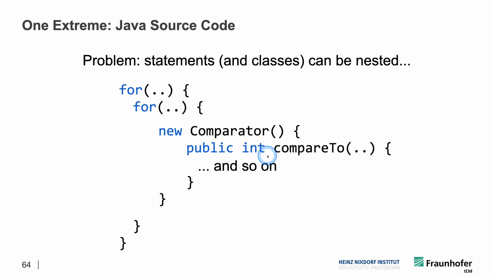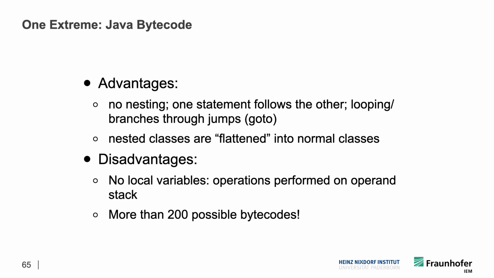And then it's not quite so apparent how control flows here, right? So is this compare to method actually called within the loop? And if so, when is it called, or is it only defined here? Even for programmers who are not Java experts, that might be hard to tell. And if you have to program the logic to create a control flow graph out of this, it's not quite so much fun.